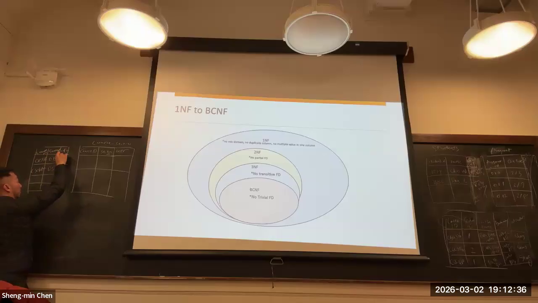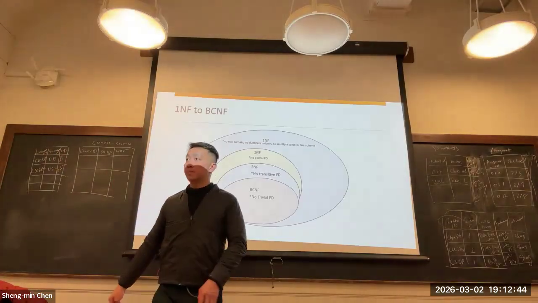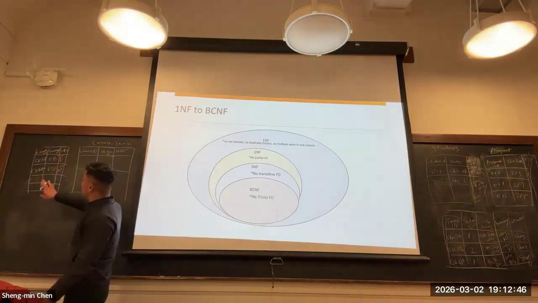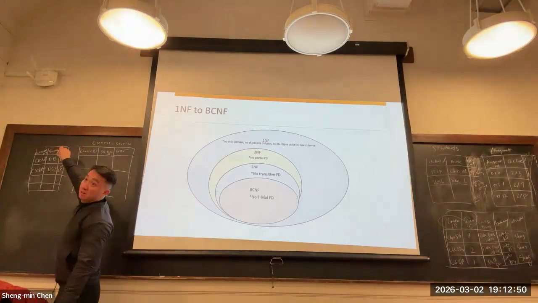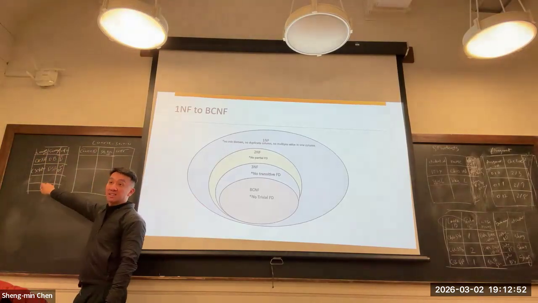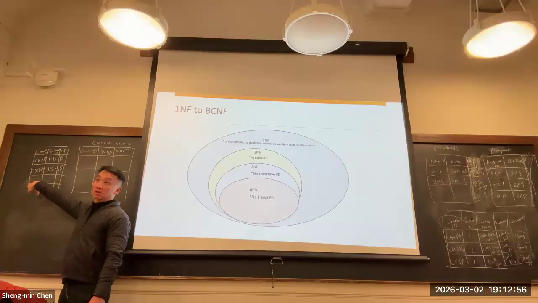When there's a partial ID, you have to break the table in two and make the part that has the partial dependency into its own table.